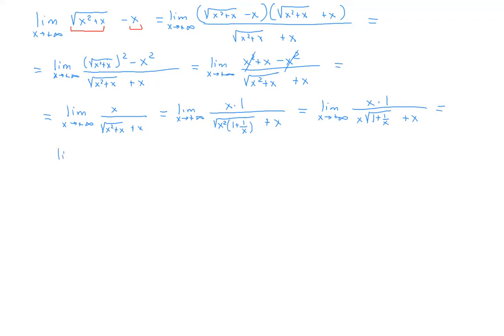And this is going to be the limit as x tends to positive infinity of x times 1, over x times the square root of 1 plus 1 over x, plus 1. I think I'm giving the steps in a really detailed fashion, maybe too detailed. But we're ready to find the limit either way.